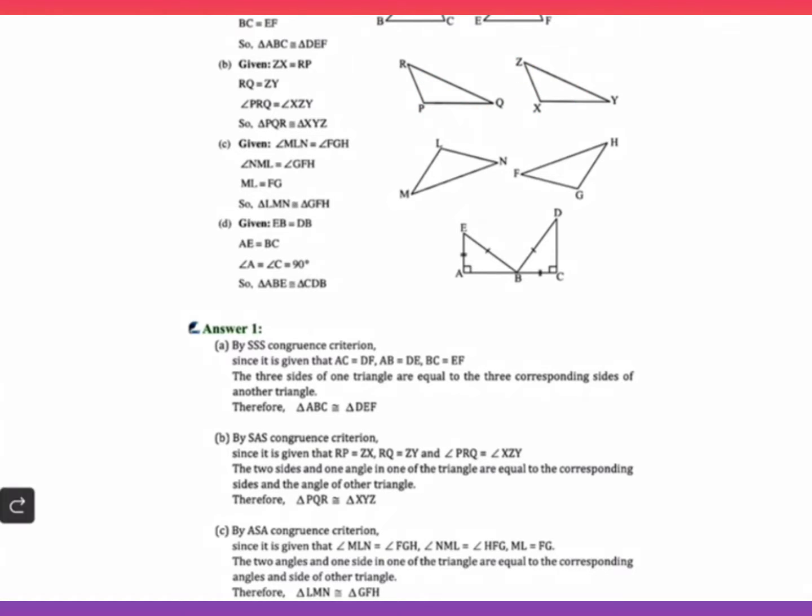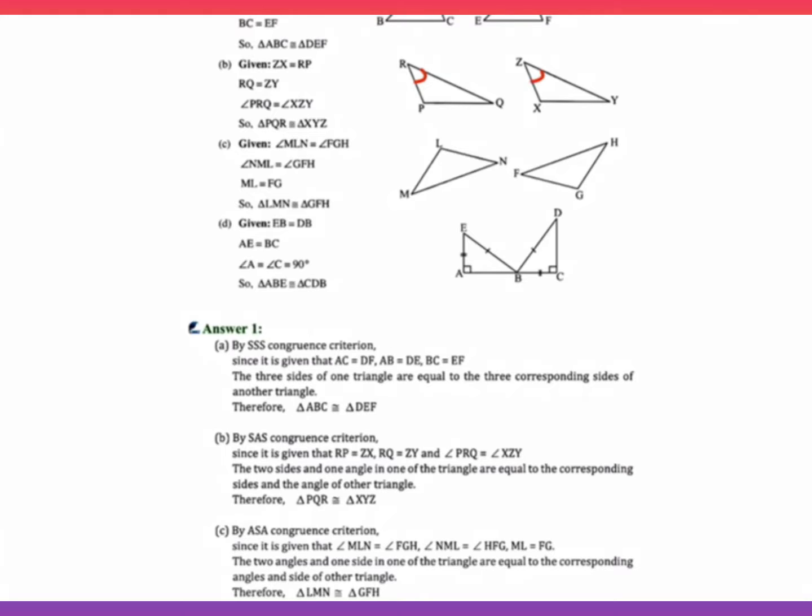These are two triangles and here it is given that ZX equal to RP, means this side, okay, and RQ means this one side is just equal to this one ZY, okay, and after that angle PRQ means this one angle, that is the included angle, just equal to angle XZY, means you can say that this angle just equal to this angle.